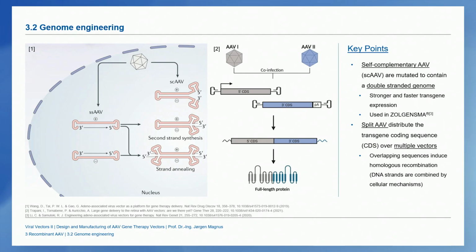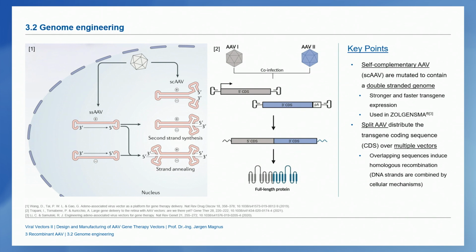So they included the complementary region of the single-stranded AAVs that then combines inside the nucleus of the cell, and this means that the formation of the double-stranded DNA goes much faster than in the other case when you have to synthesize it from nucleotides in the cells of the patient, and therefore makes it more efficient and allows you maybe to dose lower, and has significant advantages.